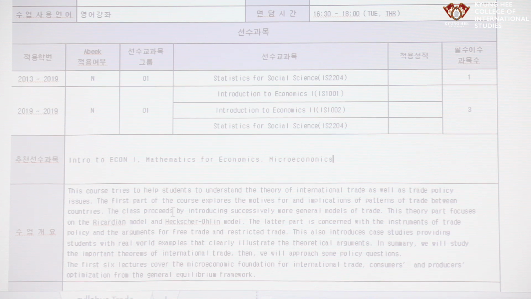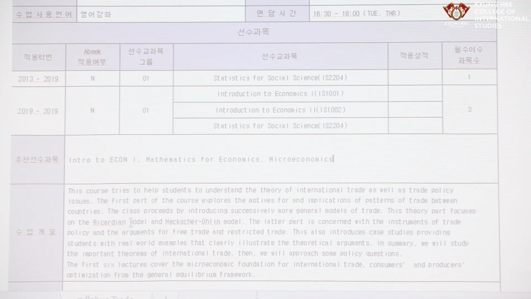The class proceeds by introducing successively more general models of trade. The theory part focuses on the Ricardian model and the Heckscher-Ohlin model. So before the midterm exam, we study the Ricardian model and the Heckscher-Ohlin model. The basic idea of the Ricardian model is that the motivation of trade between two countries is differences in productivities, labor productivity or overall productivity.